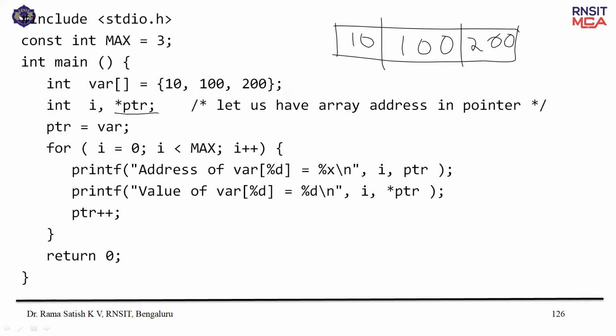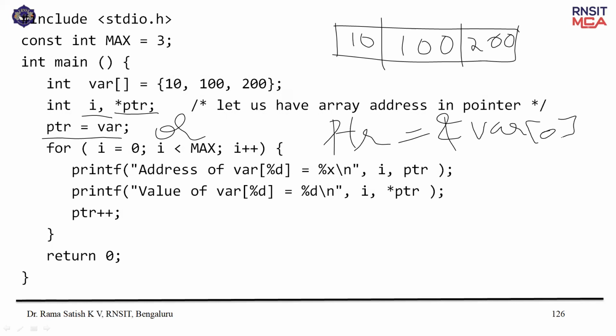PTR you are creating, I you are creating, and PTR is equal to var. I told you the name of the array itself acts like the address of the array. Or else you can write PTR is equal to address of var of 0.